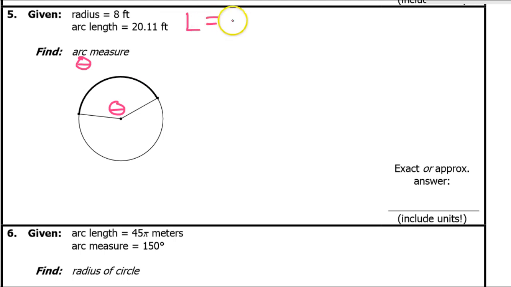The arc length is equal to some fraction of the circumference, which would be 2 pi r. So this is the formula. We are looking for this theta, all right, the arc measure or the central angle, same thing. So that means we must be given the arc length and the radius.